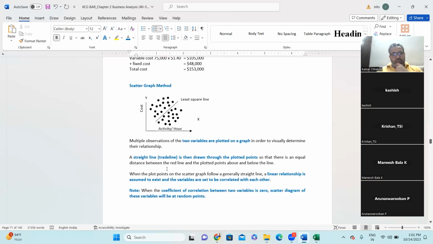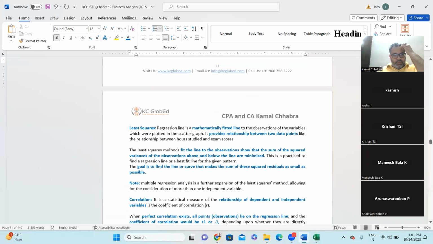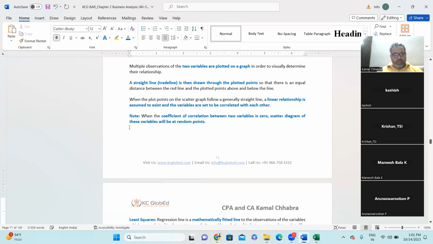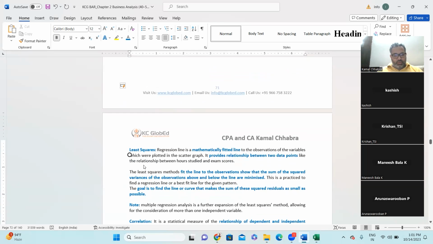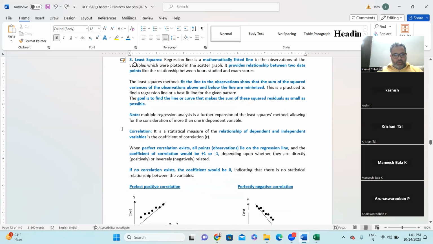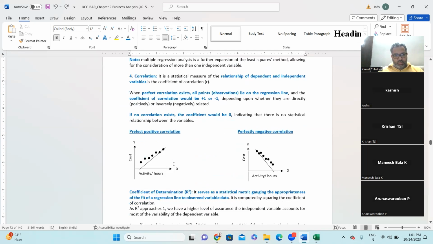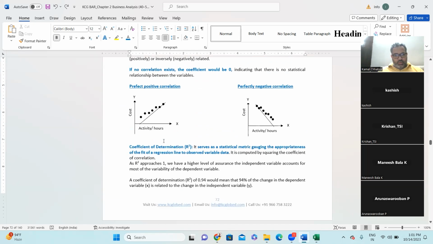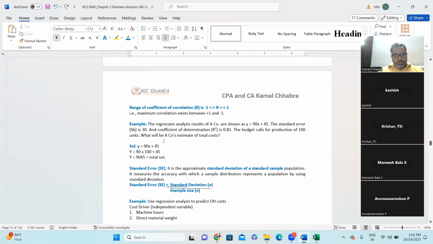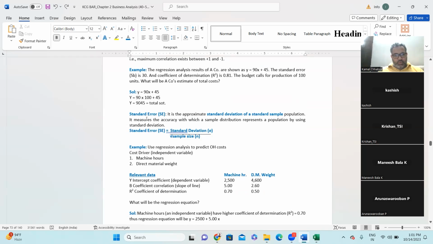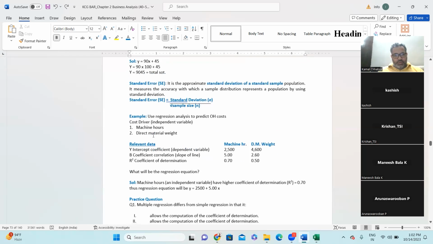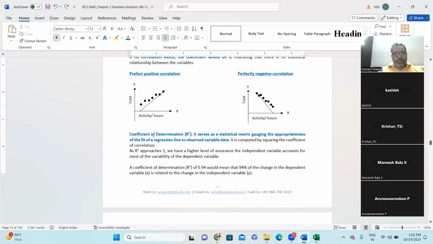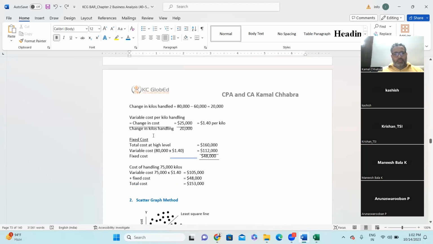Second is the scatter graph method. Then you have the least square method. Then you have the correlation method, and then the coefficient of correlation method. These are the methods, so we'll be discussing them one by one.